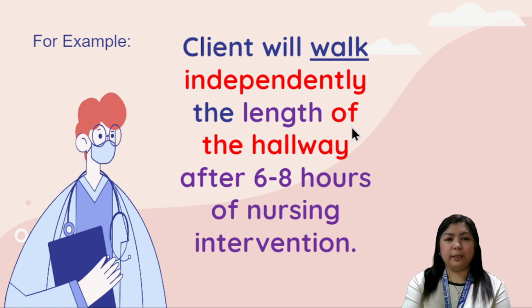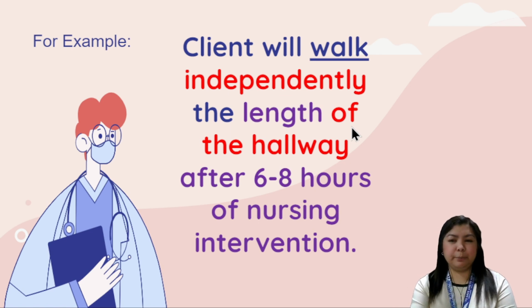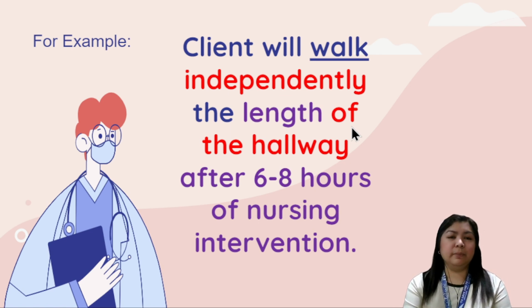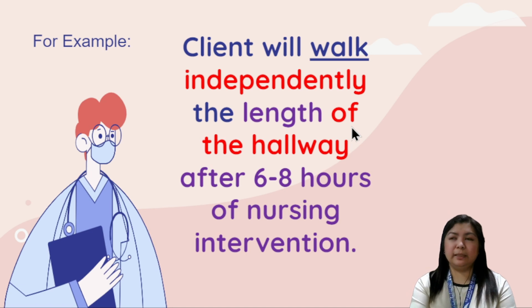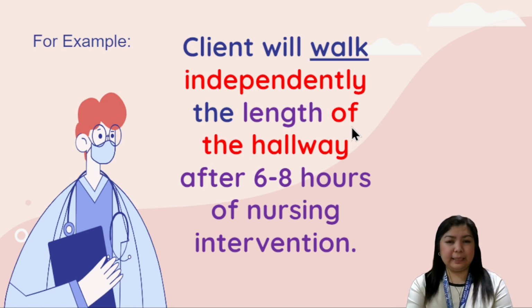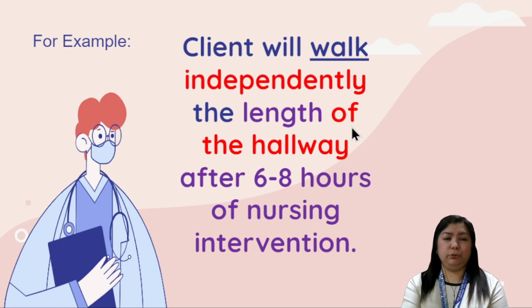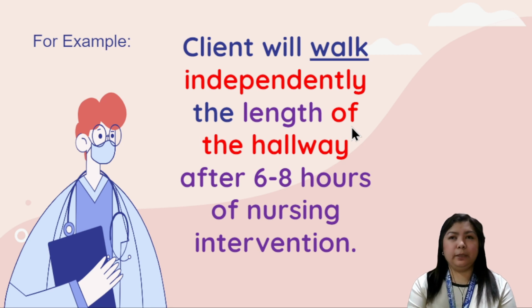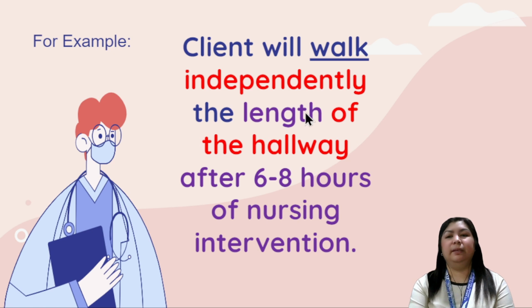So the criterion of desired outcome specifies what the client can do pertaining to the particular conditions that you would be setting. You mentioned where the client will walk independently.